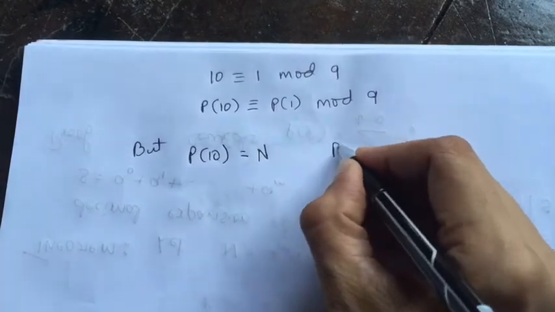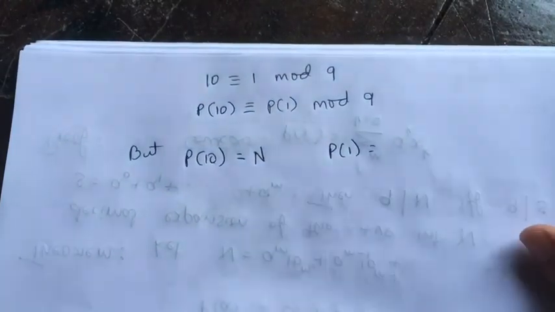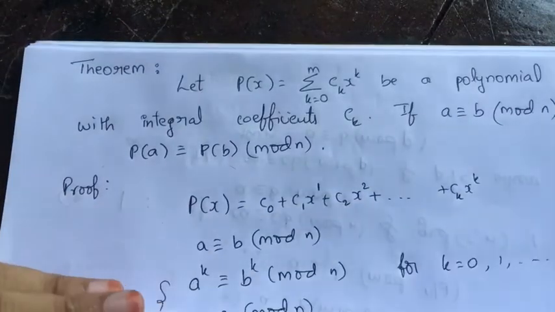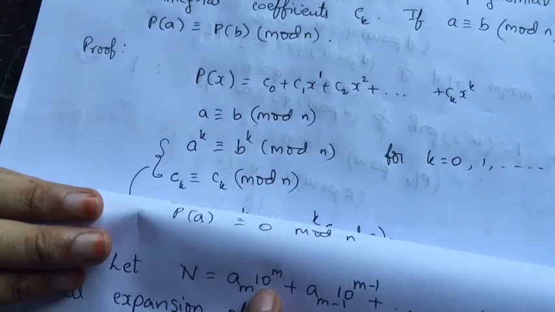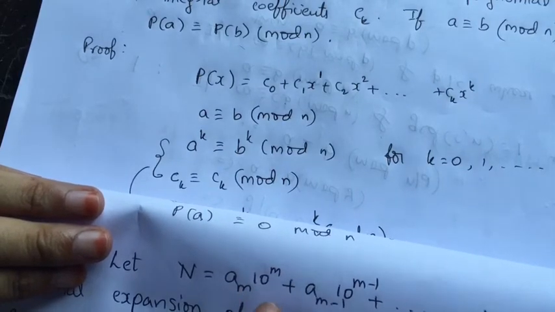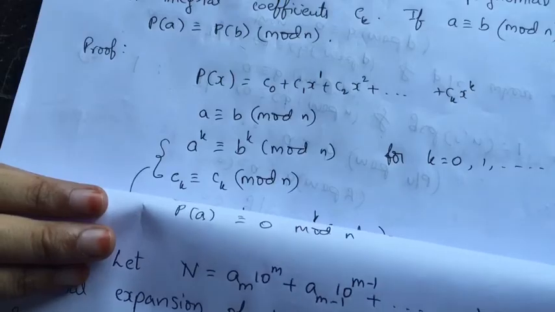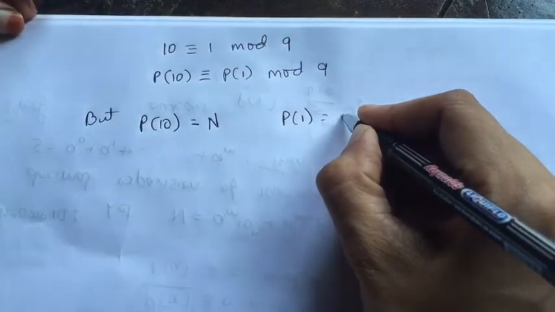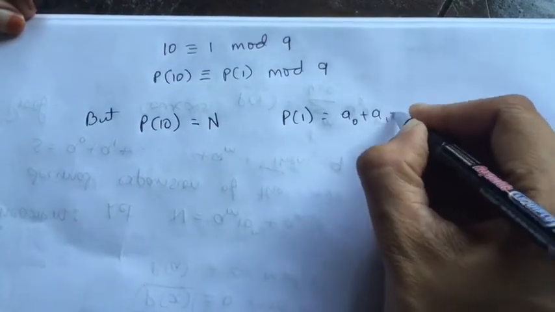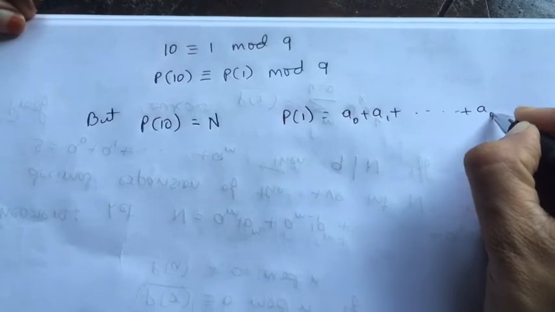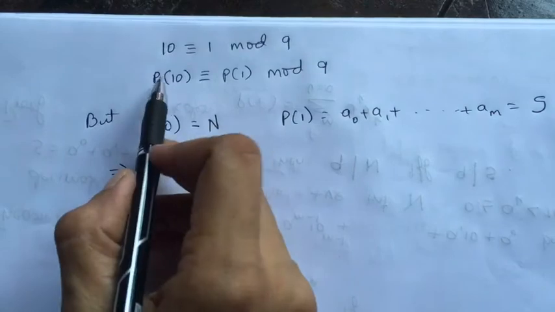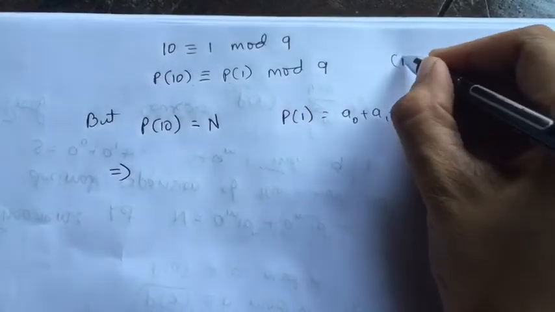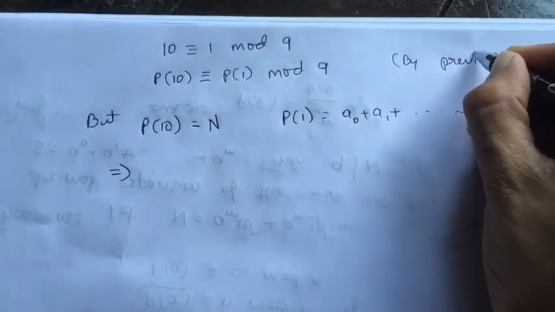And p of 1 means this x is nothing but 1. Instead of 10 I have got 1, so this is nothing but am plus am minus 1 and so on, a1 plus a0. So p of 1 is a0 plus a1 plus and so on up to am, which is nothing but s. This implies p of 10 is congruent to p of 1 by the previous theorem, right?